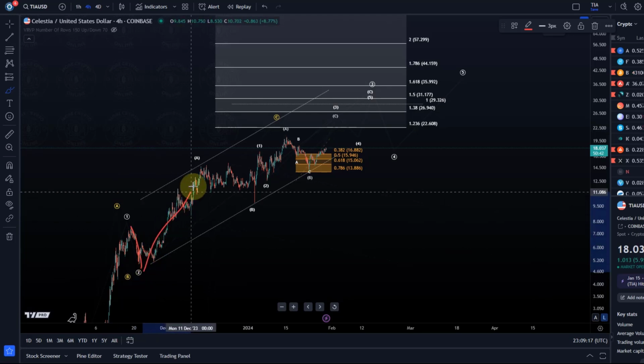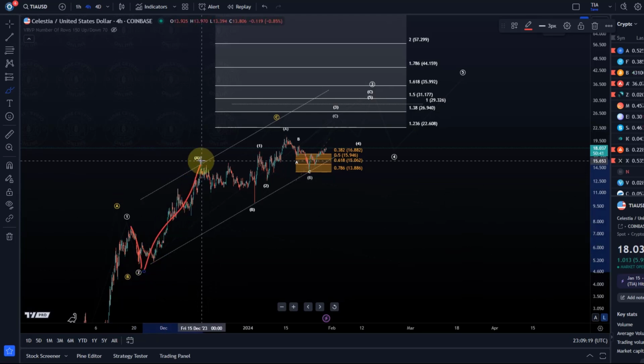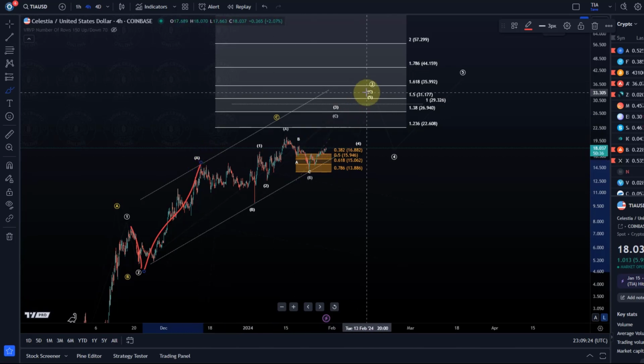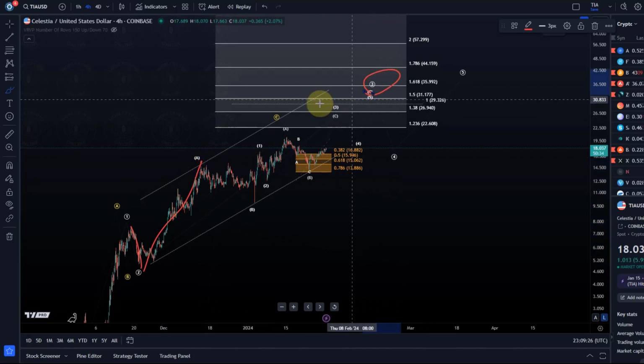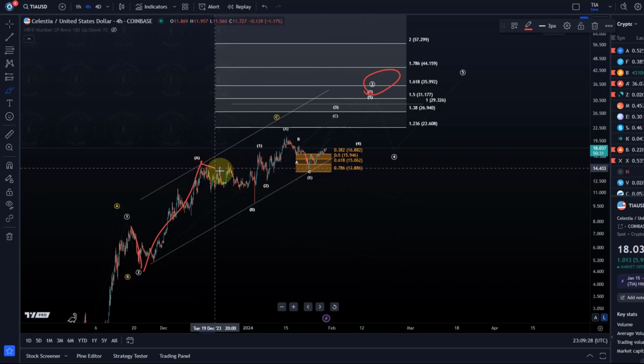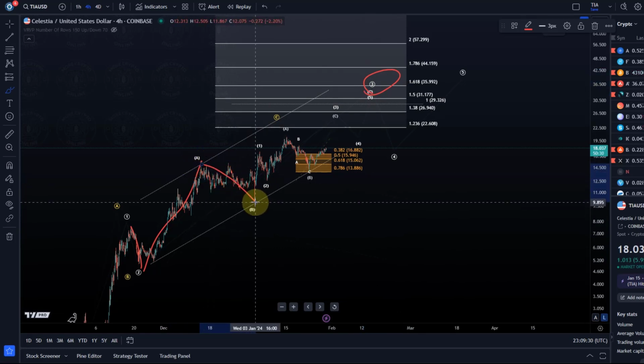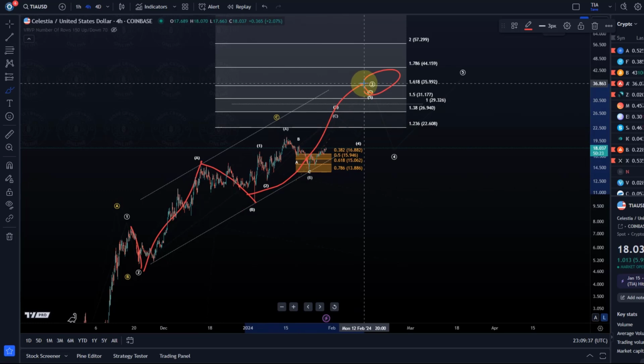This here is certainly not a third wave because it's too short, this move up, but it could be the A wave of a third wave. Yeah, so that could be the A wave. Then we have a B wave pullback. The bottom was in here probably around the 3rd of January. And it seems likely that now a C wave is unfolding, basically wave C of 3.